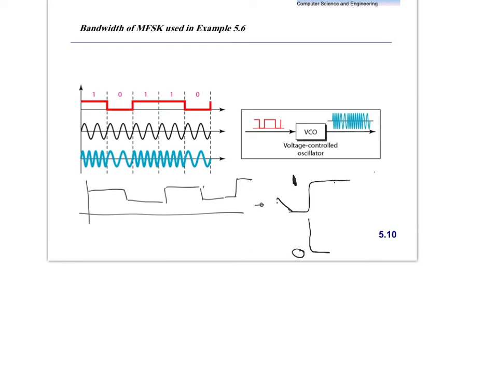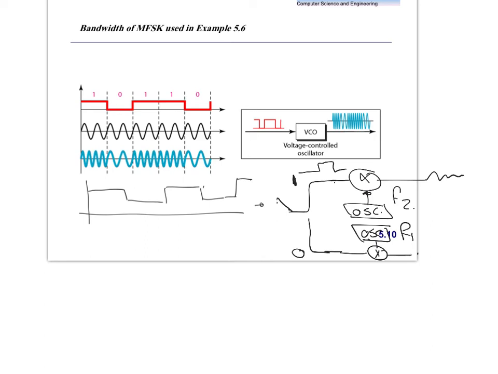For the branch of 1, we have an oscillator with frequency F2, and we take this signal with the high amplitude and multiply it by F2 to create the signal, and then we do the same for 0 at F1. We multiply, and then we take these 2 signals and create the composite signal for FSK.